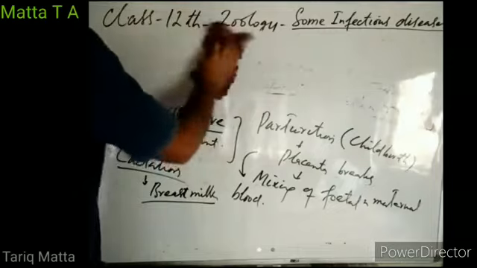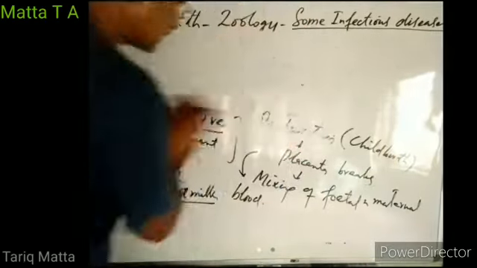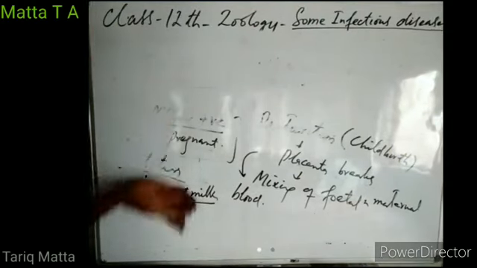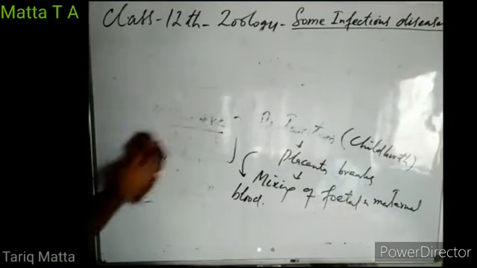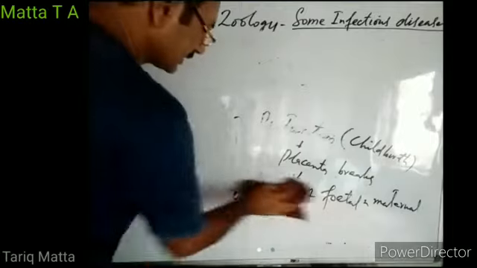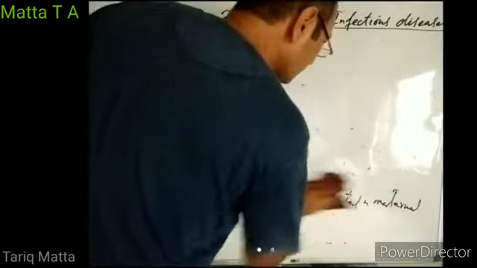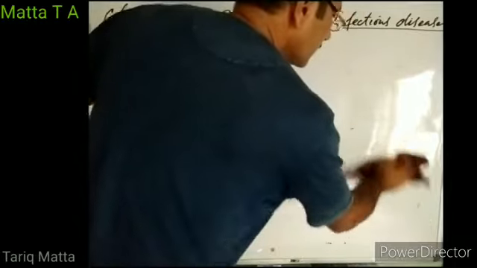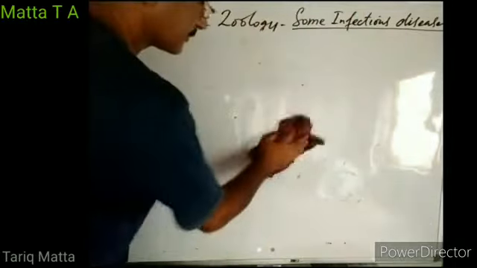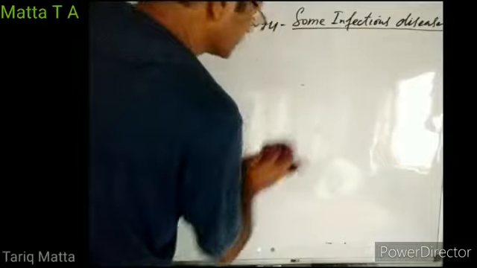So how can we save ourselves from contracting this AIDS? The trick is simple. We have discussed how the AIDS spreads from an infected person to an uninfected person. We have to avoid all these things so that we don't get the virus.